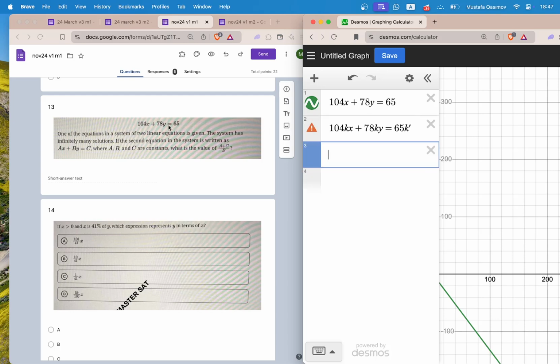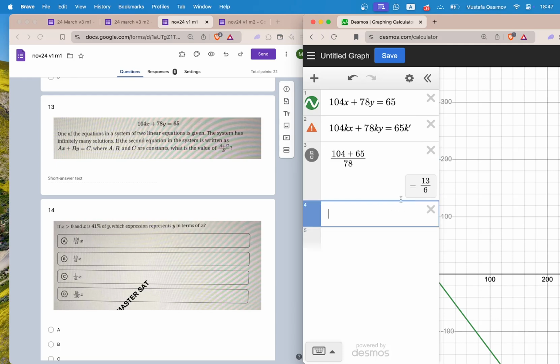Then it says it is ax plus by equals c. What's the value of a plus c over b? The answer is 65 over 78k, and we can eliminate k. The answer will be 2.16 or 13 over 6.